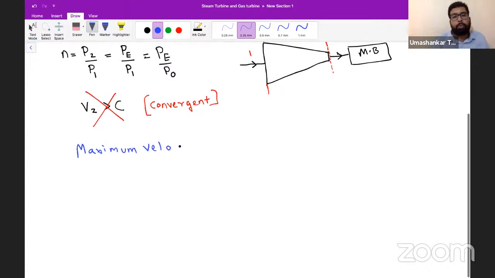You can respond in the live chat. The maximum velocity at exit, V2, is equal to the velocity of sound. It can't be more than that.